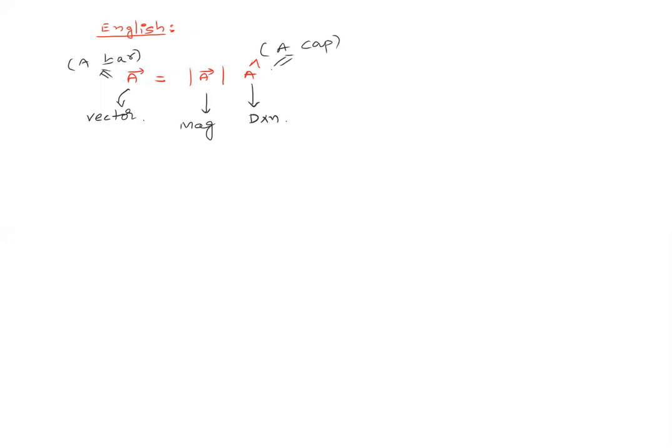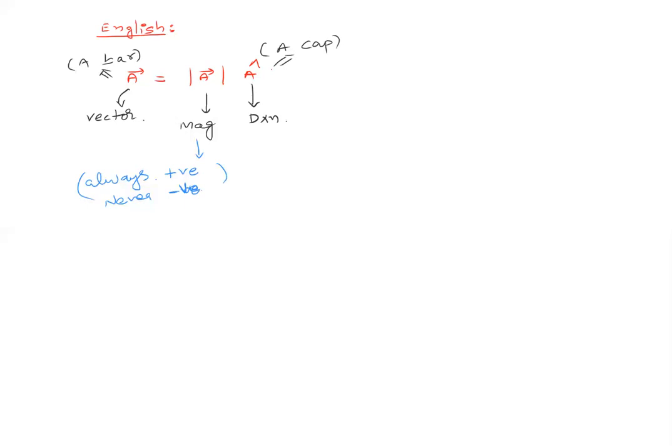Mod a represents magnitude. Magnitude is always a positive quantity, it is never negative. So mod a represents magnitude, a cap represents direction.